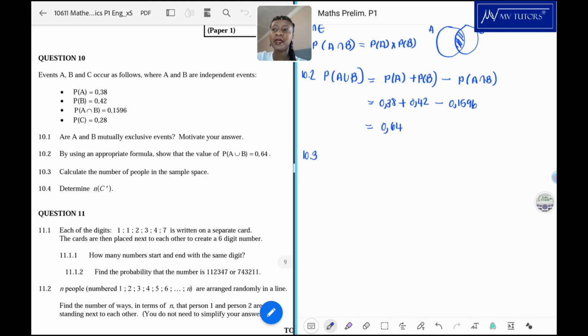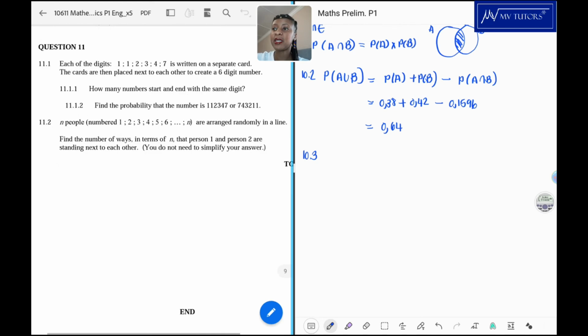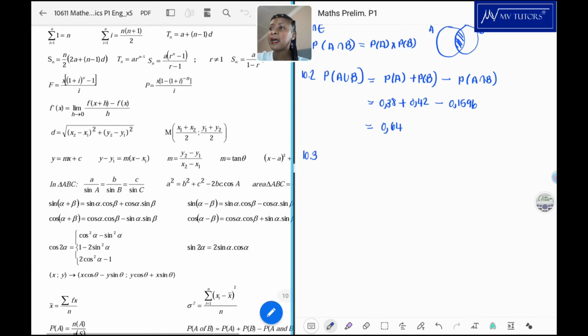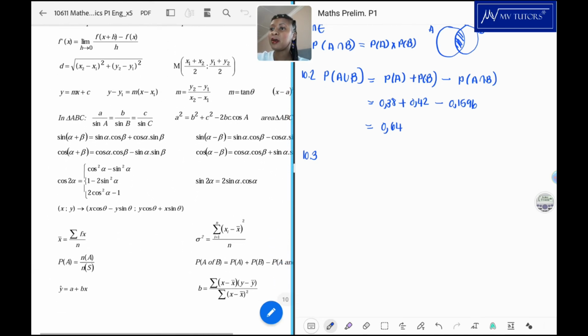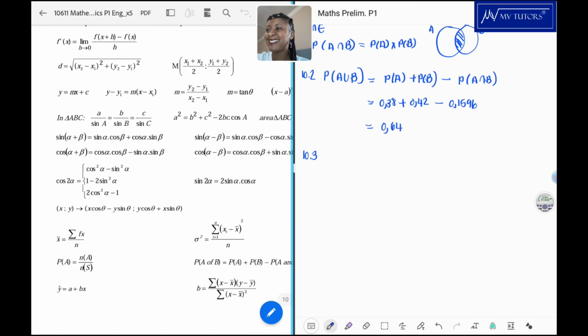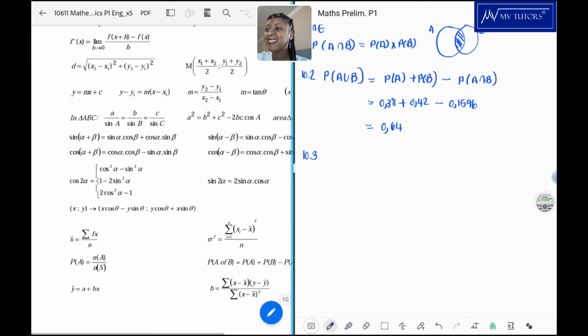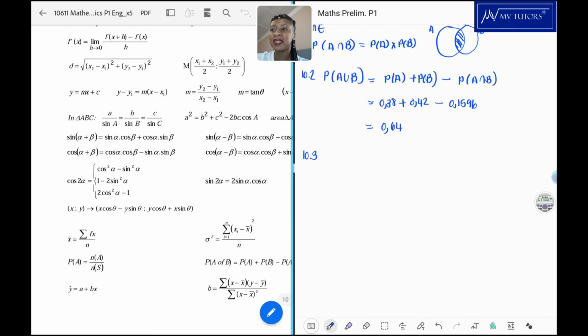calculate the number of people in the sample space. There is a formula for that, if you look at your paper. Where is that formula? Oh yeah, here it is.